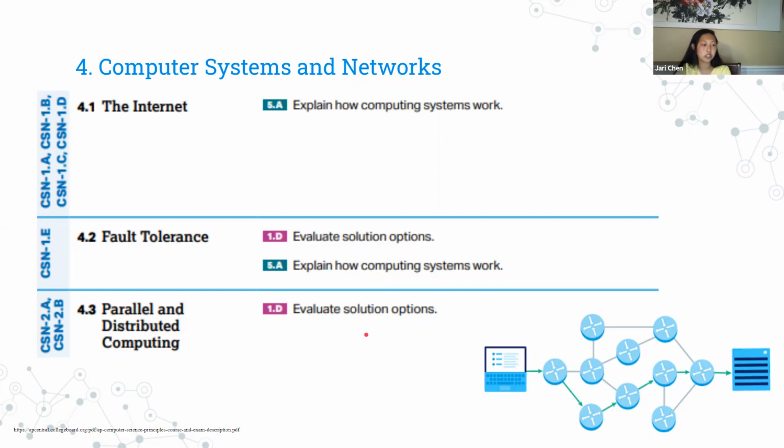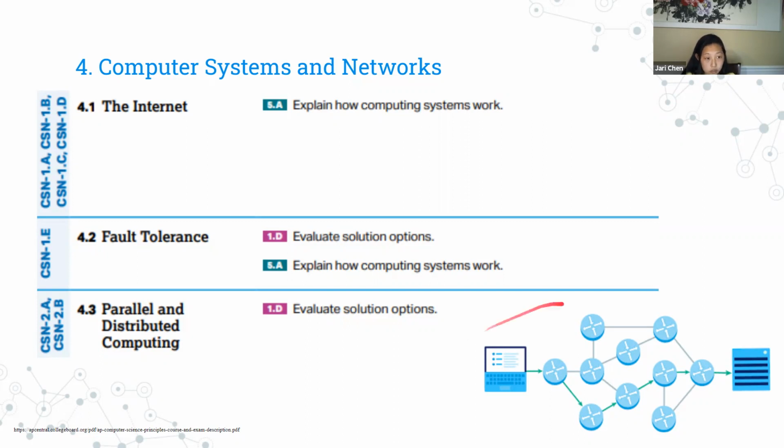Then there's parallel and distributed computing, which is just how computing works. For example, in parallel computing, two things can happen at the same time on one device, while distributed computing is when you have one task split over multiple devices.